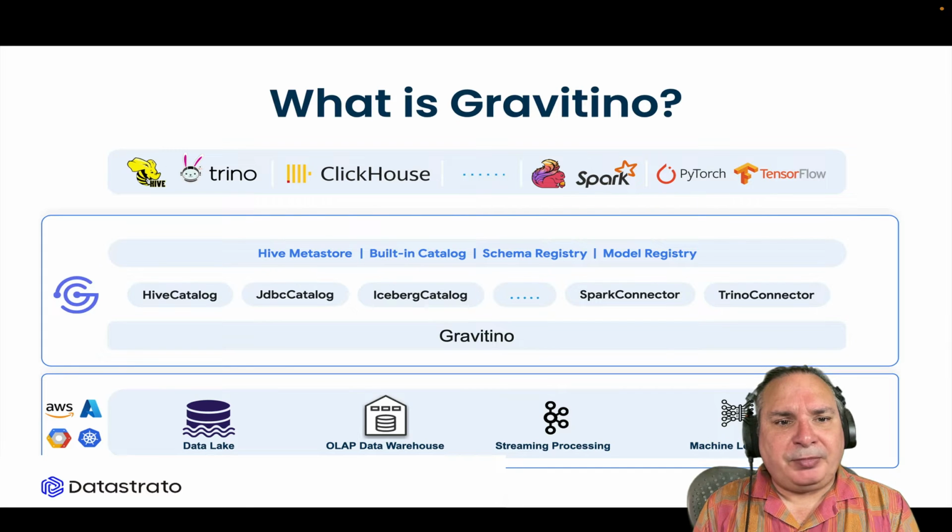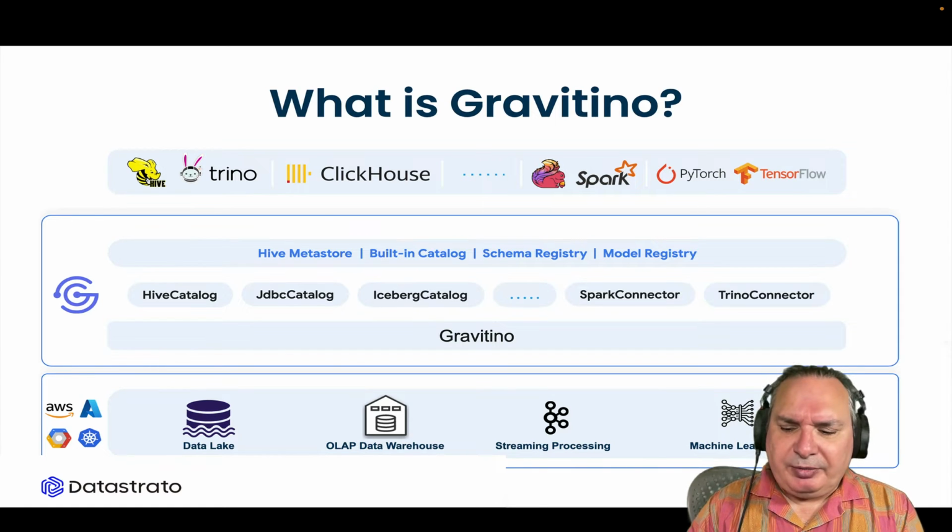All of these bits of software have their own way of storing metadata or catalog information or registry information. The whole point of Gravitino is to try and unify all of that and put it all together in one place, and then add some features on top of that. So you can sort of see where it sits in the hierarchy there.